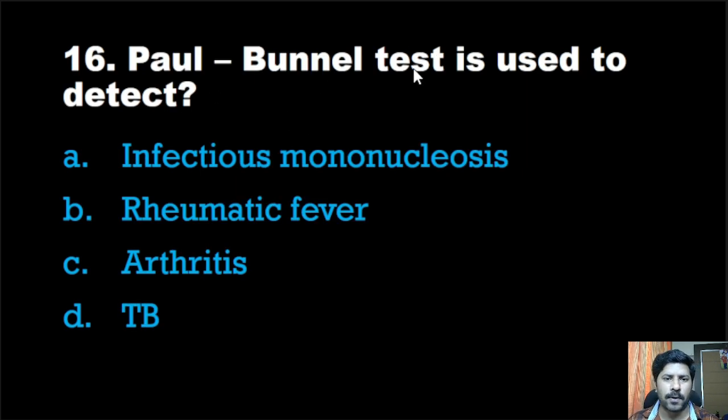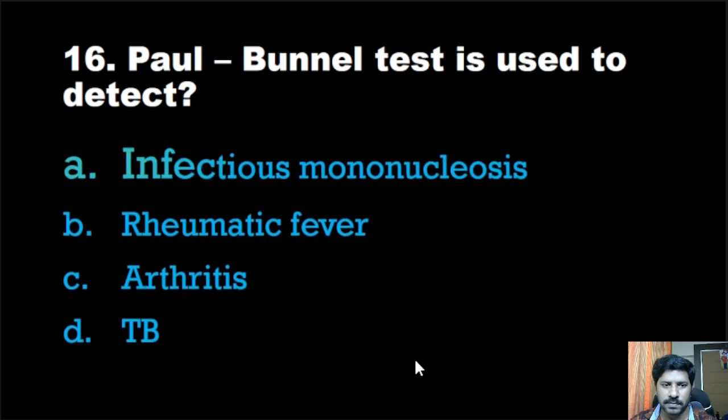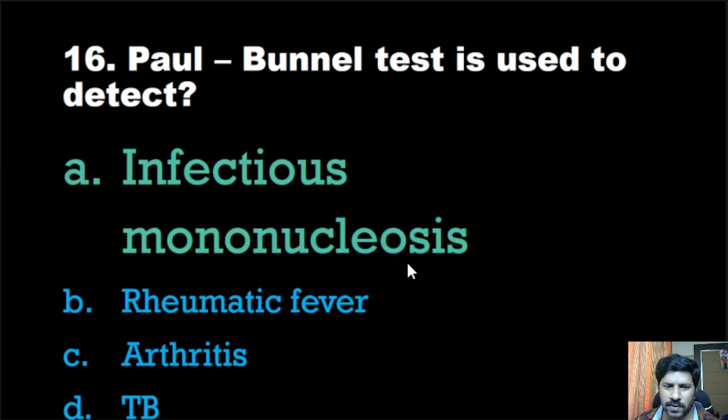16th question. Paul Bunnell test is used to detect infectious mononucleosis, rheumatic fever, arthritis, TB. Correct answer, infectious mononucleosis. It is also known as mono disease, or kissing disease, because it is usually transmitted through saliva.